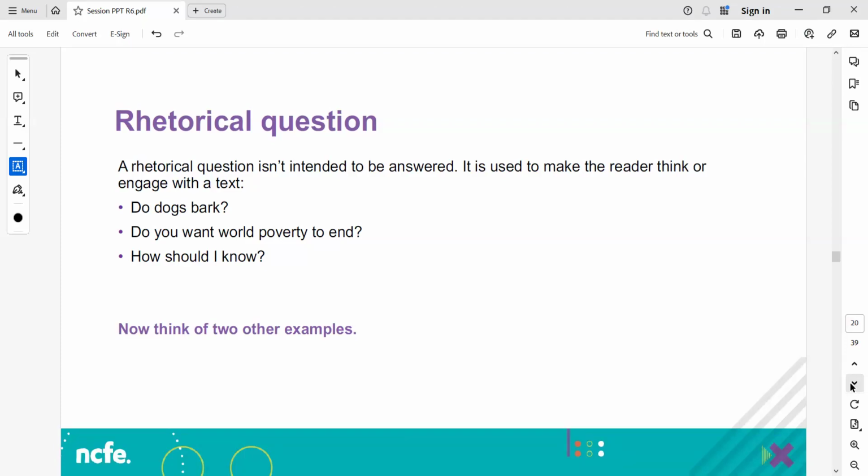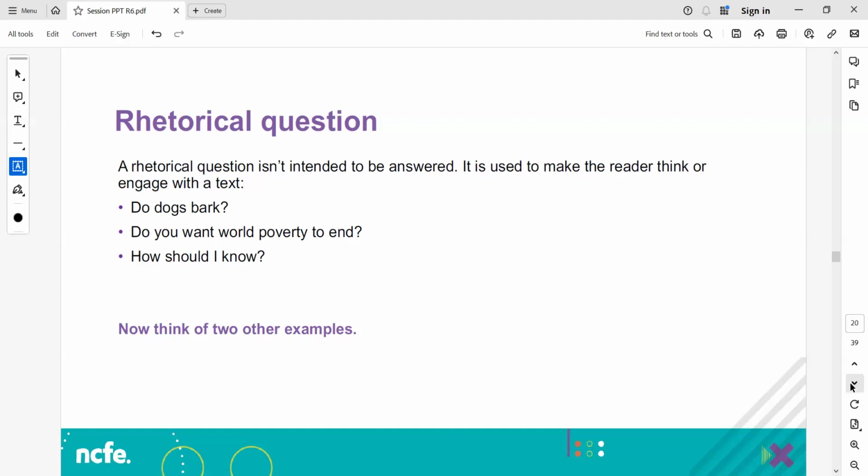So, somebody says, is that true? And the person replies, do dogs bark? So yes, it's definitely true. Do you want world poverty to end? So nobody would say no to that question, I wouldn't have thought.